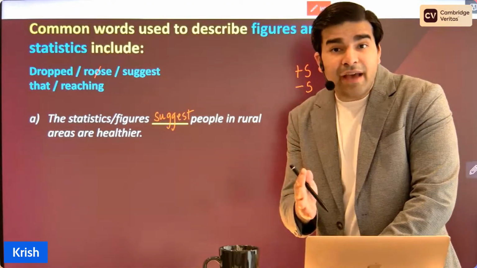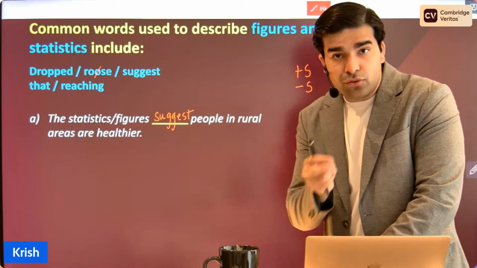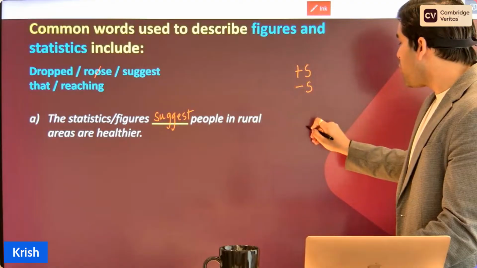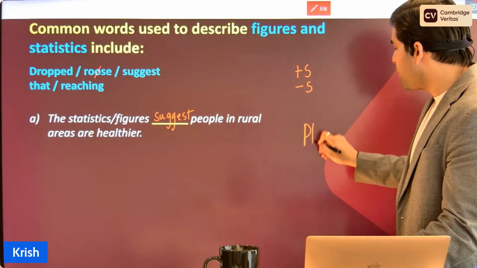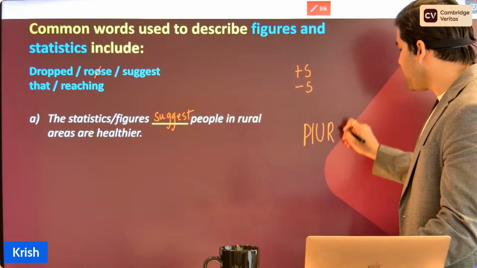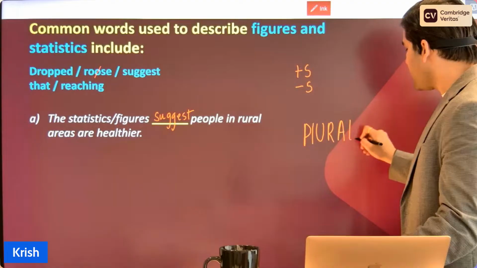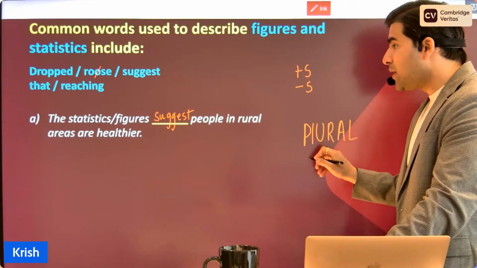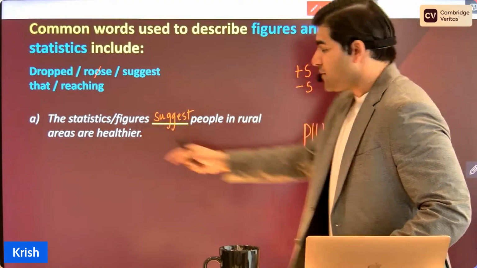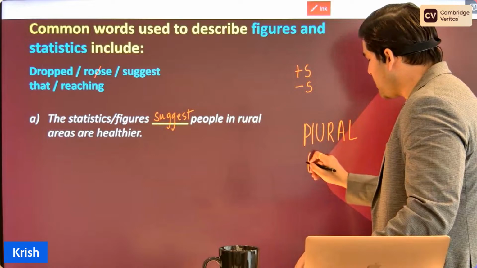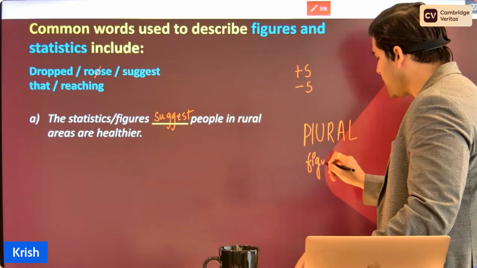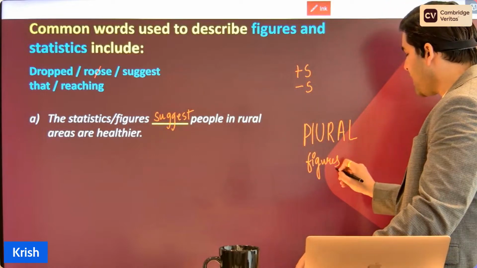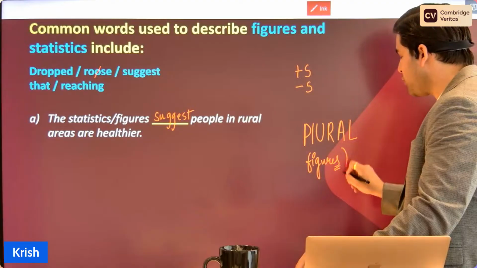And the rule is very simple. The rule is, if you're talking about anything that is plural, for example, the word figures, as in the word figures, there's S already here because it is plural.